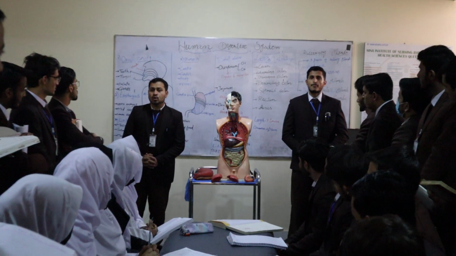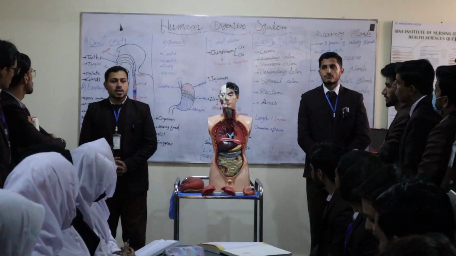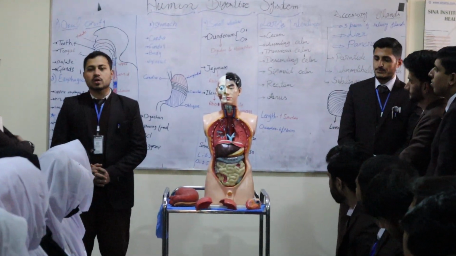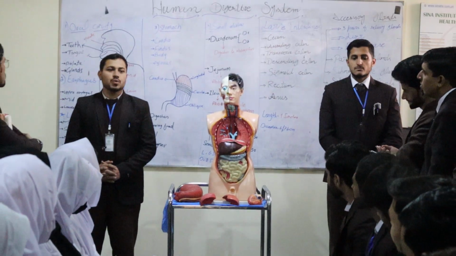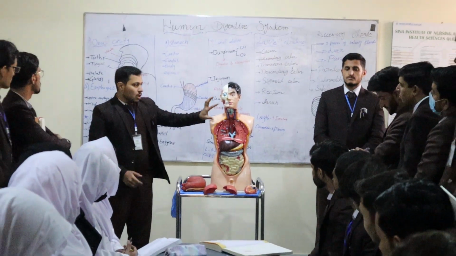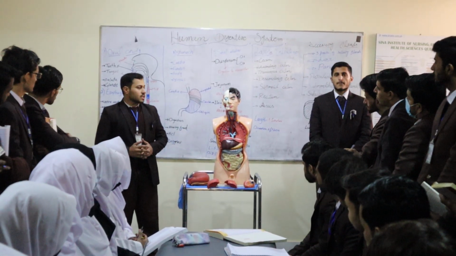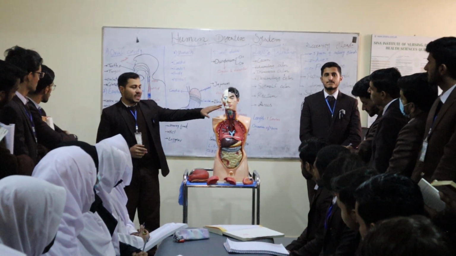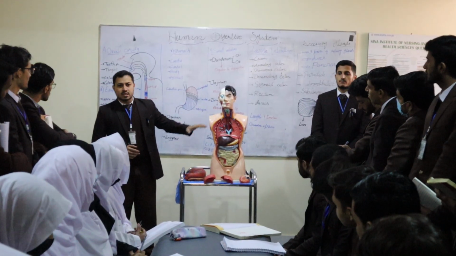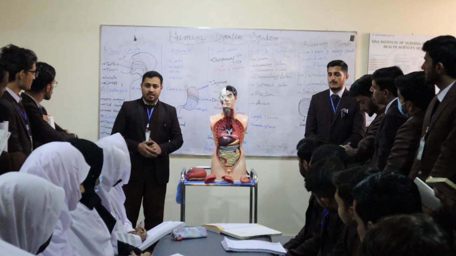Thank you. So, basically the throat and esophagus are the starting part of the GIT tract. First of all, we will discuss the oral cavity. The oral cavity is the starting point of the digestive system and contains parts like teeth, glands, tongue and palate.